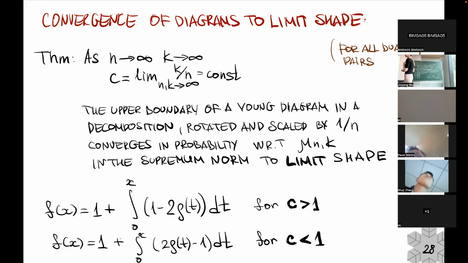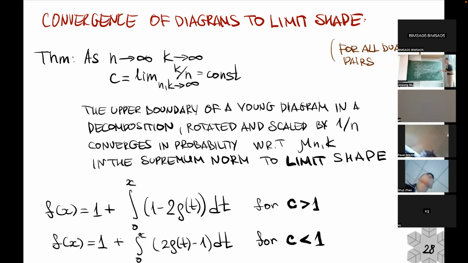So if we consider the following asymptotics, well, n goes to infinity and k goes to infinity, and k over n goes to a constant in the same limit, then if we have the upper boundary of the Young diagram, which we can draw, so we can consider this as a function.